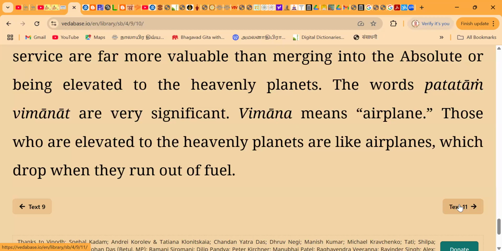Why Srila Prabhupada is saying like that? I'll give a simple example. Suppose somebody has bought 25 kilo aloo. While coming, 3 kilo aloo got lost.